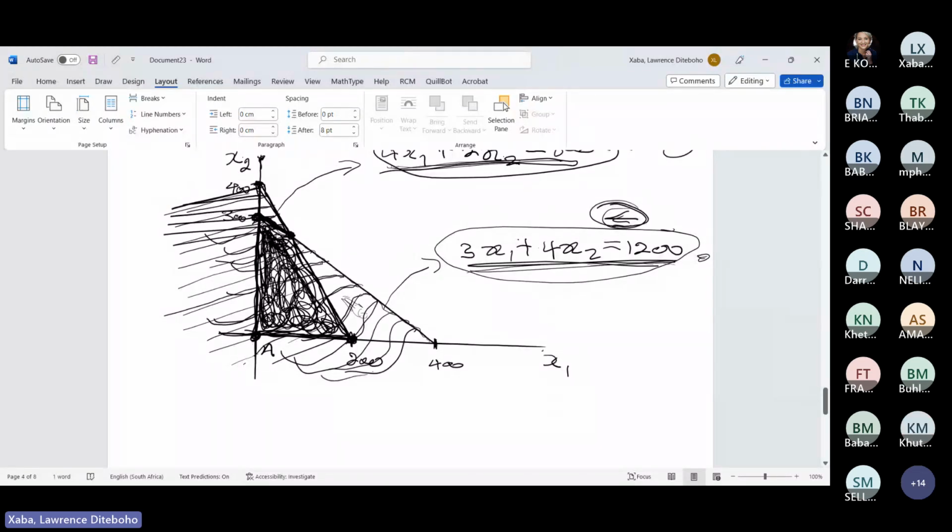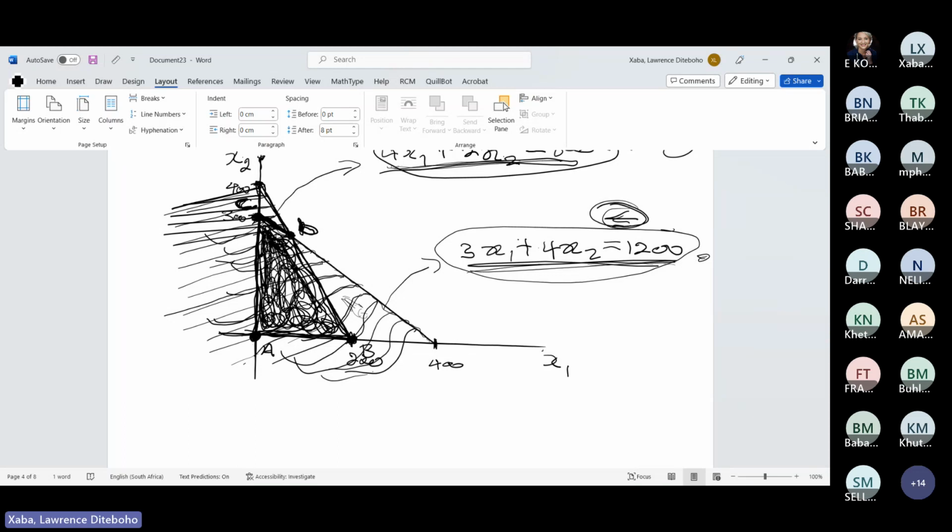So maybe we can say this is A. Let's say this is B. Let's say this is C. And this is D. Now we have to put our values here.